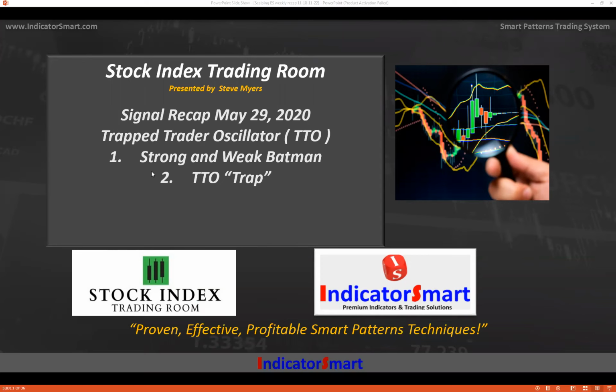The two signals that we're going to look at, only two today, are called a strong or weak Batman for one signal, and TTO trap. Now we have a very specific look at a trap. We're not talking about a subjective look that, oh, this may be a trap, fake out, breakout, those types of things.